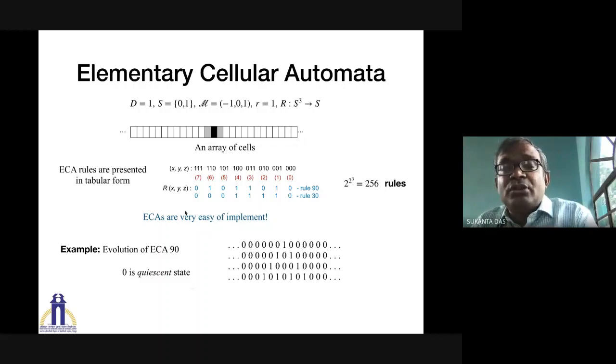No, for the middle zero, if you consider the second step, its left neighbor was 1 and its right neighbor was 1. So its input to the function is 101. Go to the table. 101 for rule 90 gives 0.